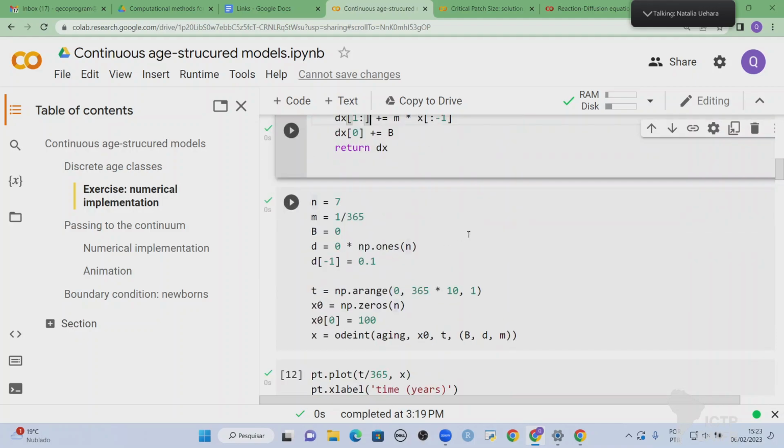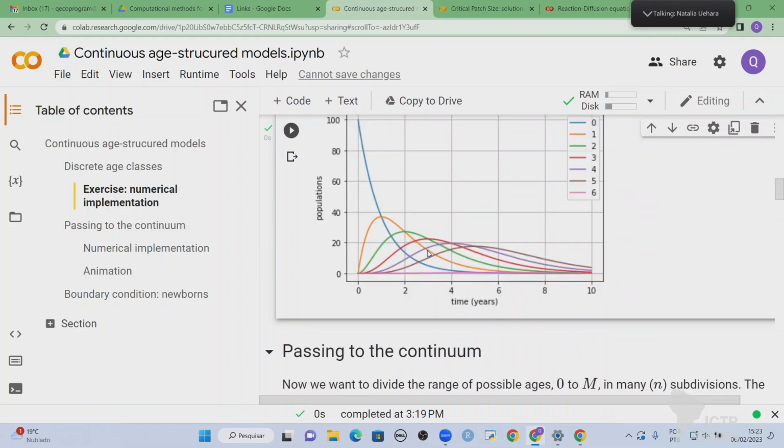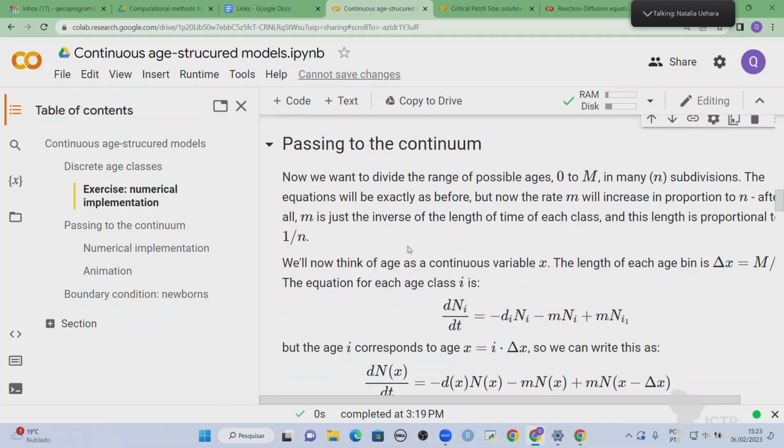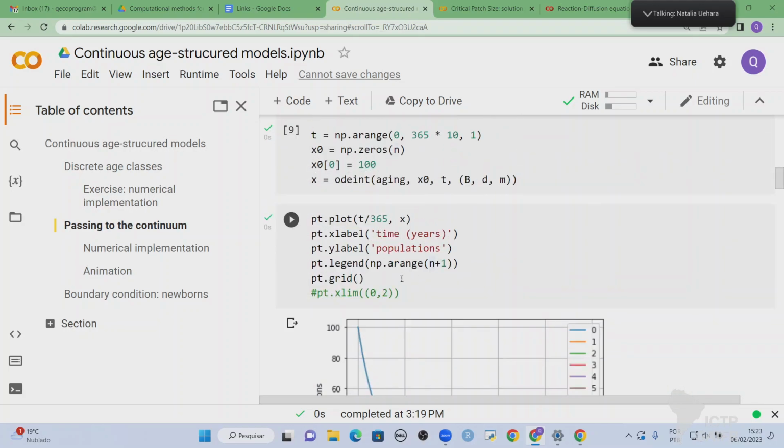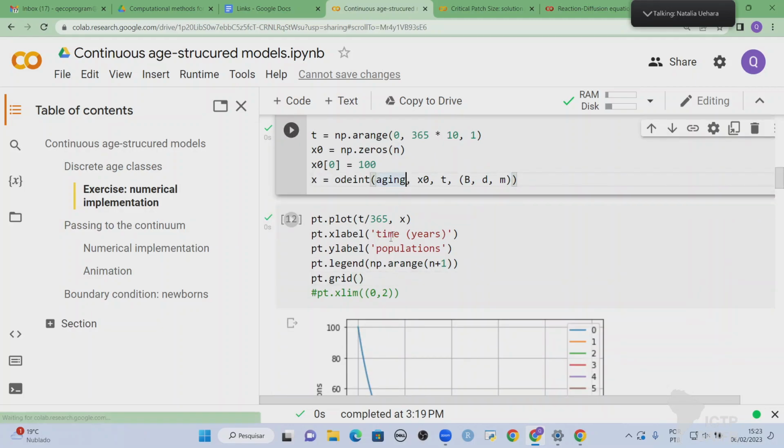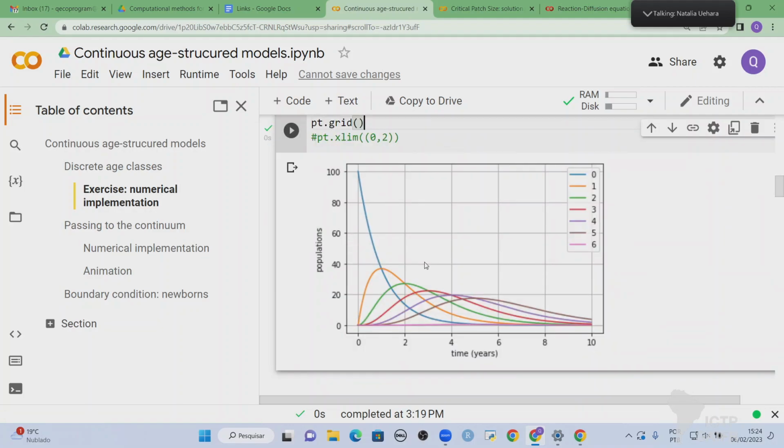Okay. So we see this is not so nice. But what I want to do is, maybe instead of having large age classes that have large bins, this problem would probably be lessened if I had a lot of shorter time bins.